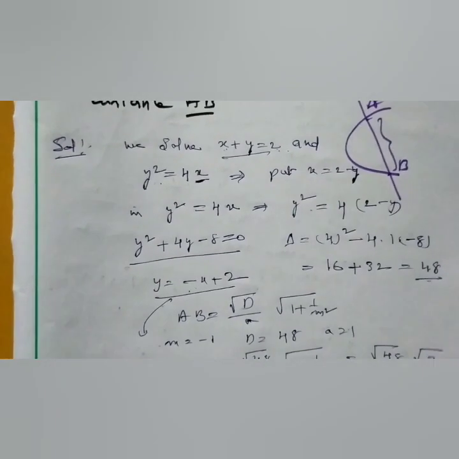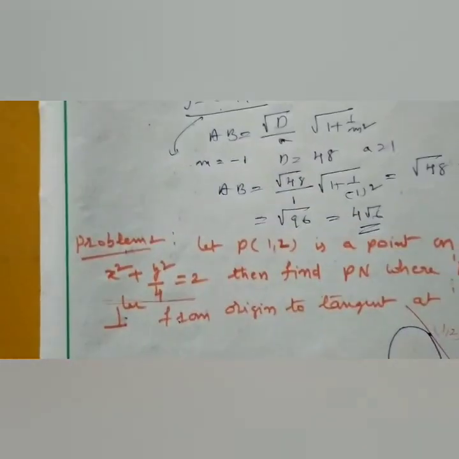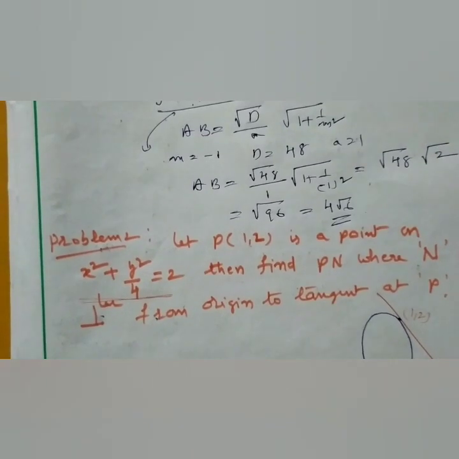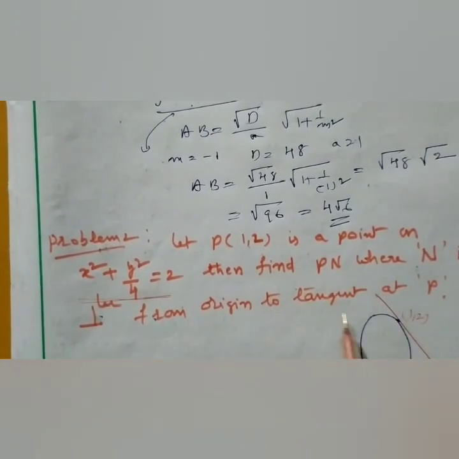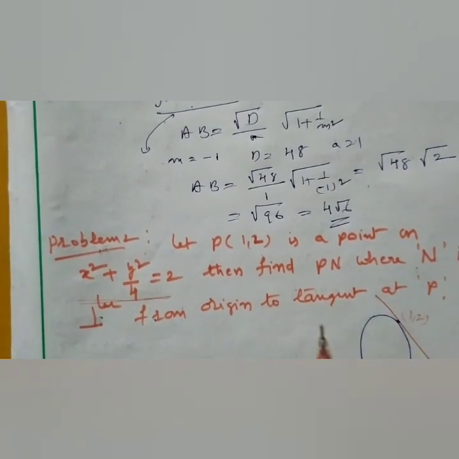So in this case, let P(1, 2) be a point on the conic. Then find Pn where n is the foot of the perpendicular from the origin to the tangent at P. So what is asked?